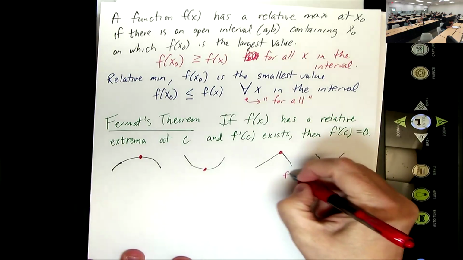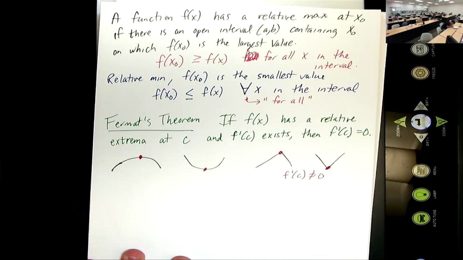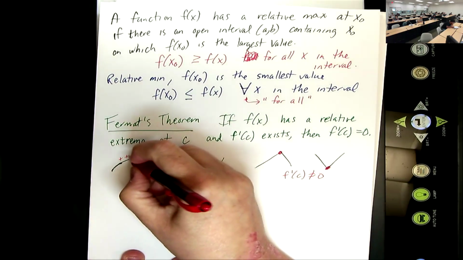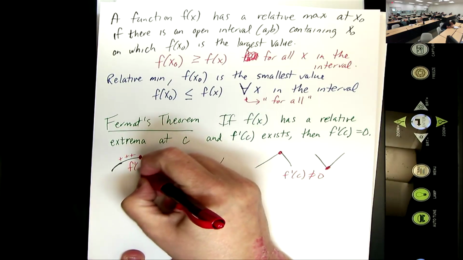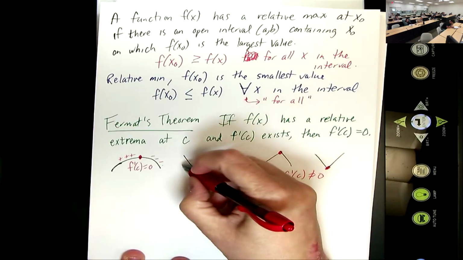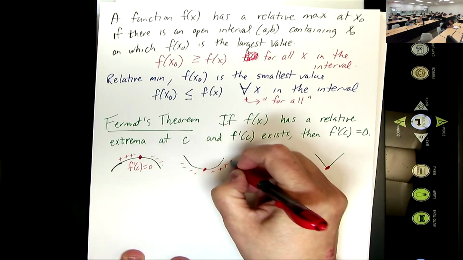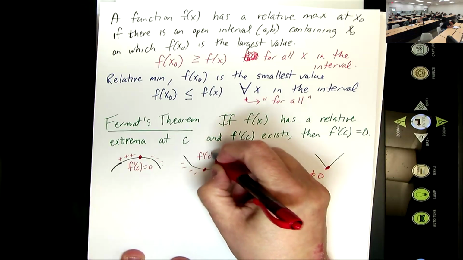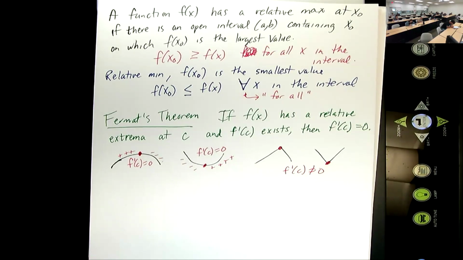These ones don't have a slope of 0, it's undefined because of the cusp. But here it's positive, positive, positive, negative, negative, negative. f prime of c equals 0 there. Here the slope is negative there, positive here. It transitions there, f prime of c equals 0 there. Once you look at the picture of it, you're like, yeah, that makes total sense.